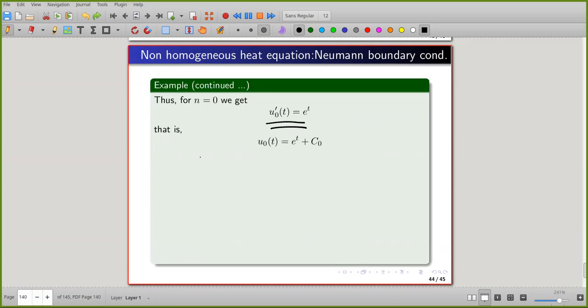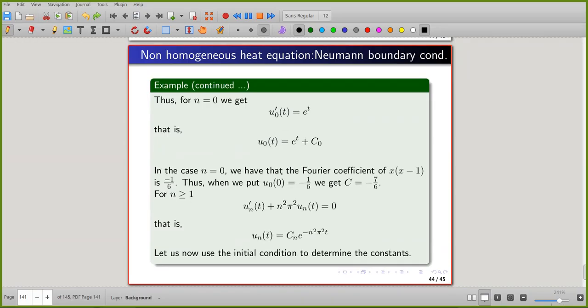So our u_0(t) is of this type, and we have to compute c_0. For that, u_0(0) is equal to the 0th Fourier coefficient of this, which turns out to be minus 1 by 6. So when we put this, we get c equal to minus 7 by 6. So our u_0 is e to the power t minus 7 by 6.